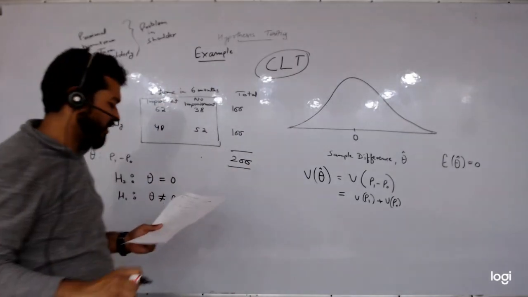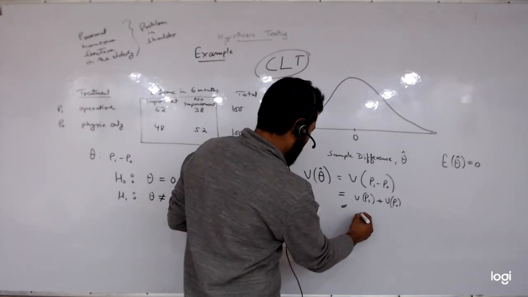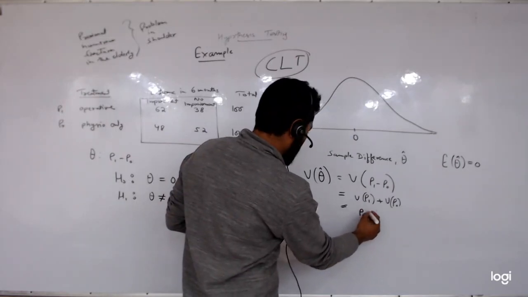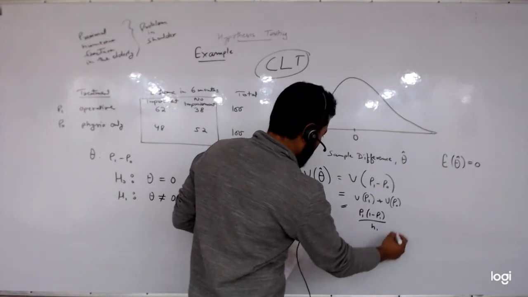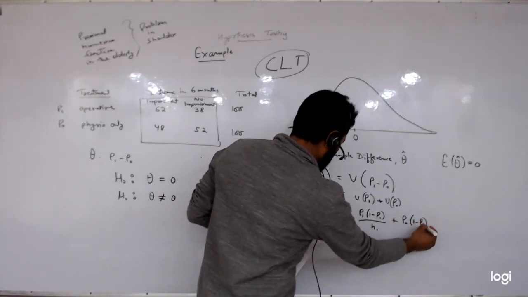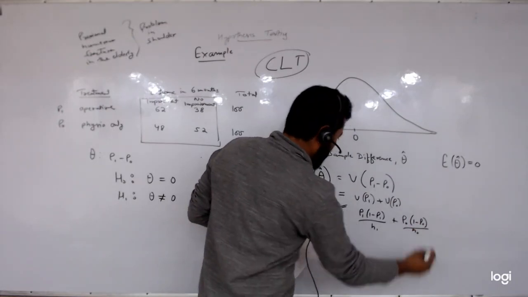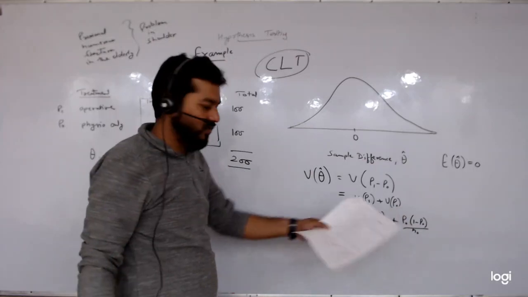This is again an assumption that we're starting with. Variance of the proportion is P1 times 1 minus P1 by the sample size plus P0 times 1 minus P0 by sample size. This is for operative procedures, that is for physio only procedure.